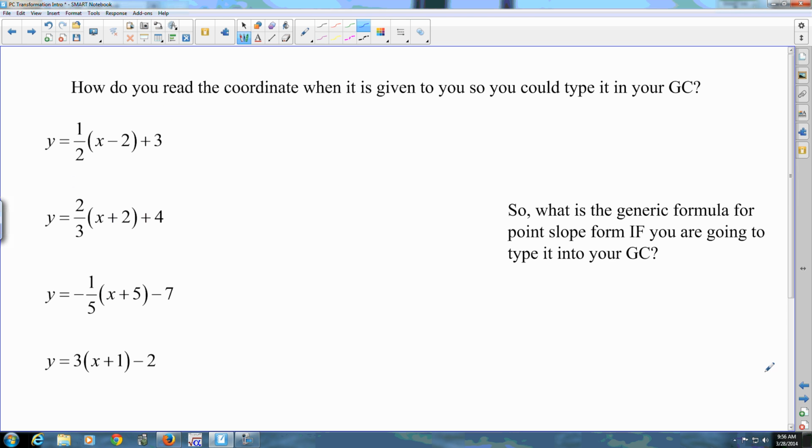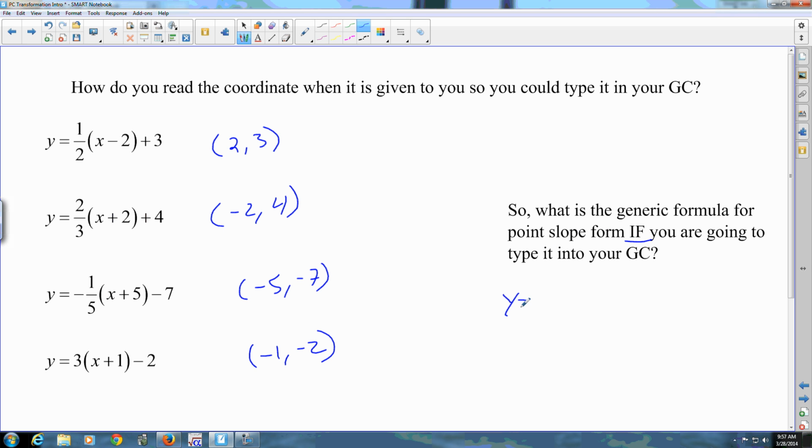Okay? So, looking at this, how do you read the coordinate? Well, like we just went through on the previous page. This one's read opposite. This one's read the same. Opposite, -1, same, -2. So, what is the generic formula for a point slope form if you're going to type it in your graphing calculator?